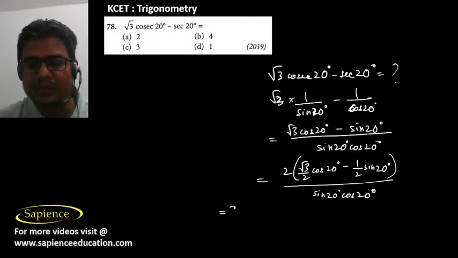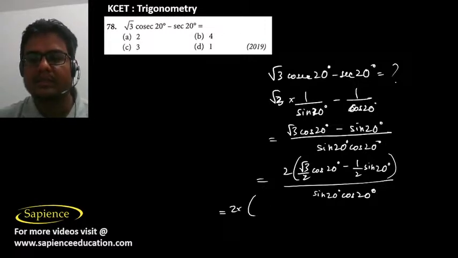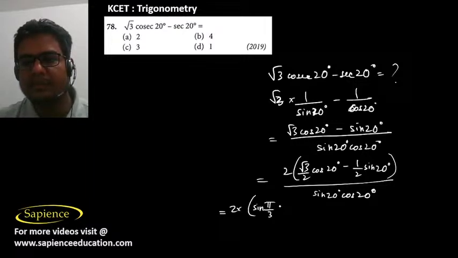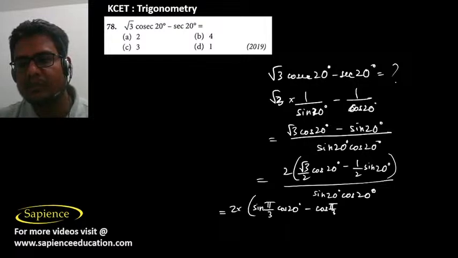So we can write this as 2 into, now root 3 by 2 I can write as sine pi by 3, so sine pi by 3 into cos 20 degree minus cos pi by 3 into sine 20 degree, divided by sine 20 degree into cos 20 degree.